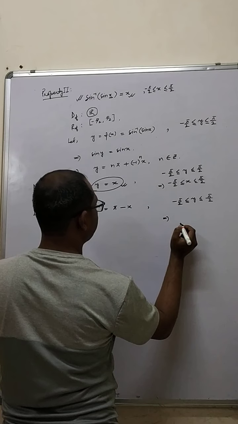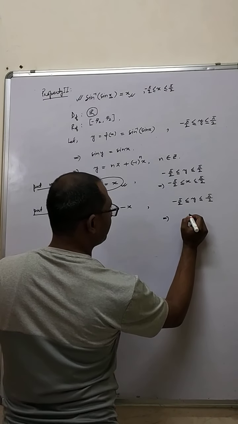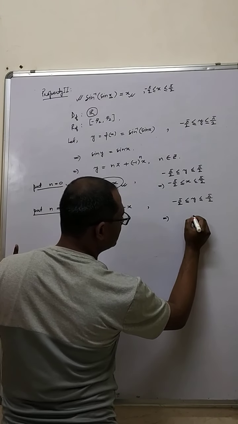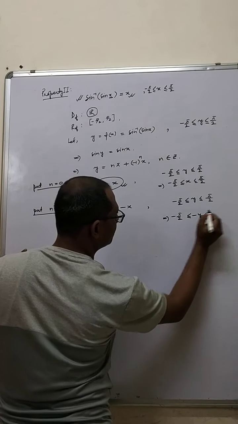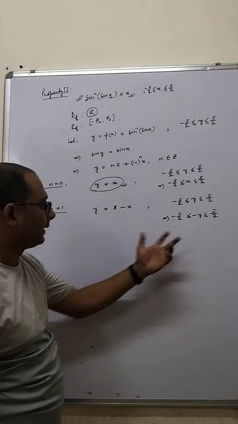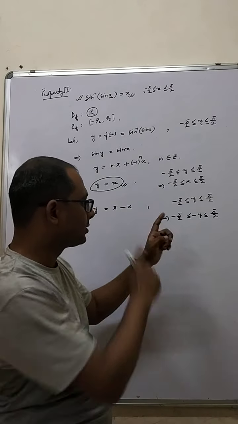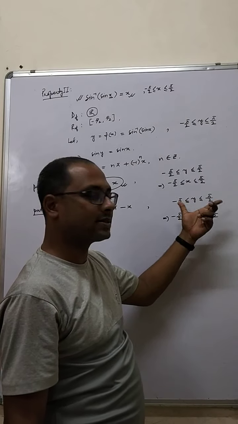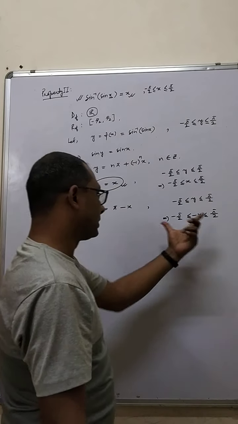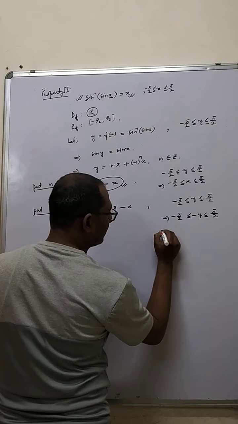So we need π minus y. So -y also will belong to -π/2 to π/2. You see what I have done? I gave the inequality a negative sign, so it got reversed. But since the endpoints were the same, ultimately it has not changed anything here.